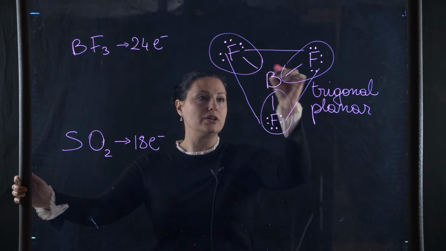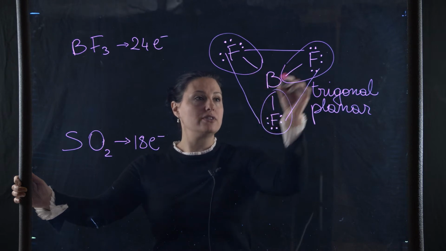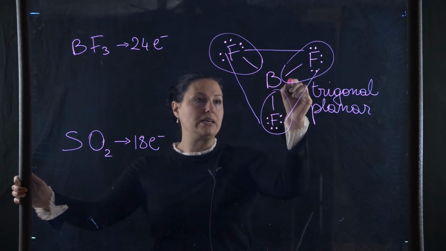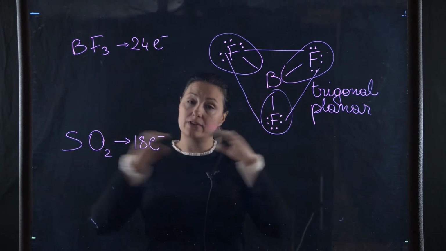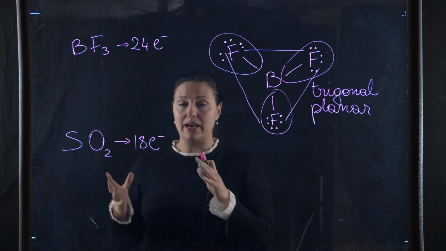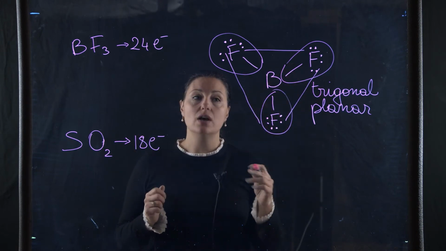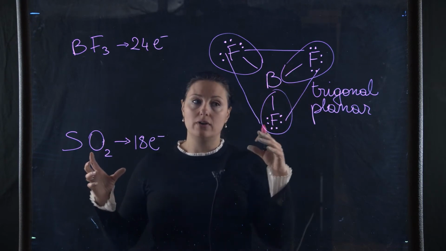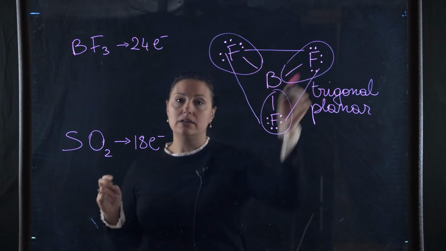And each angle here would be 120 degrees, because all of these are equal angles, these 3 angles being equal. So I have 360 degrees divided by 3 groups gives me 120 degrees angles. Those are the angles that these groups have to be from each other to not repel each other.